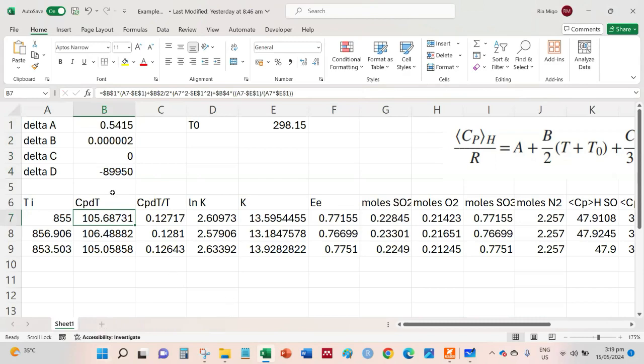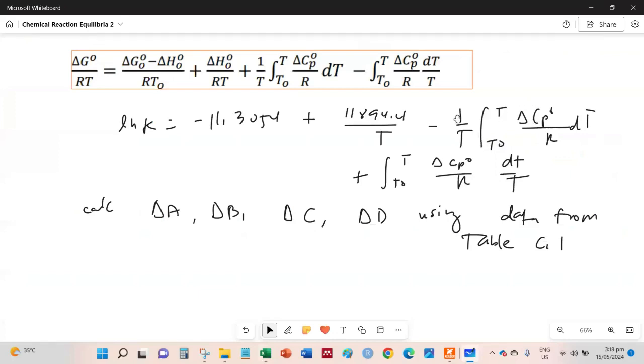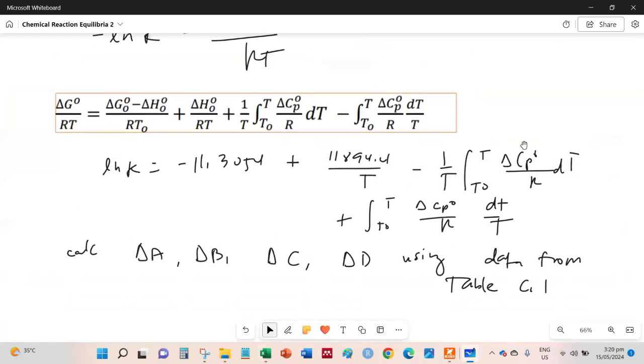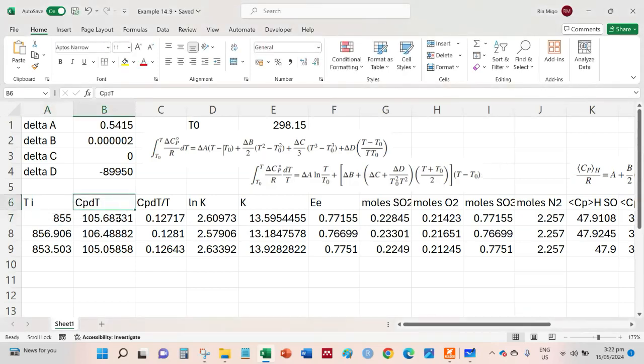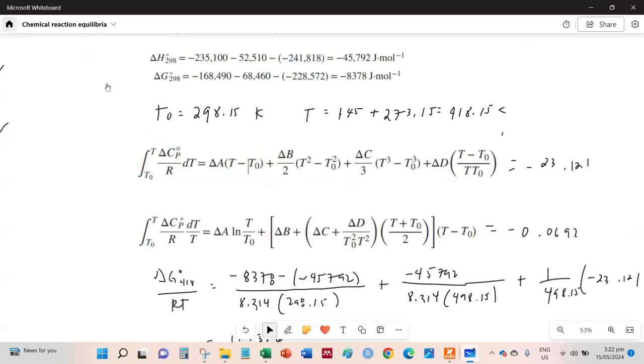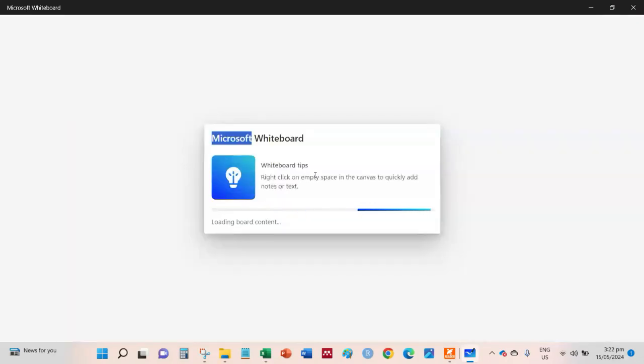So what is CPDT? It's this right here. We use the equations before, so let me open that. The first step is to assume a temperature and then calculate CPDT over R. So this is actually this part right here. So I may open that.